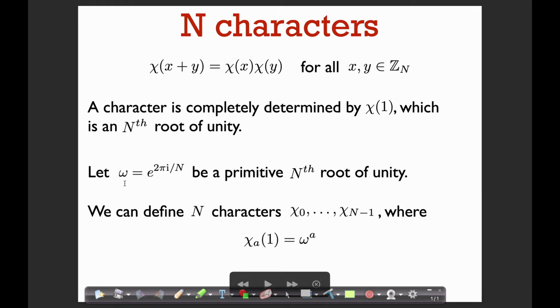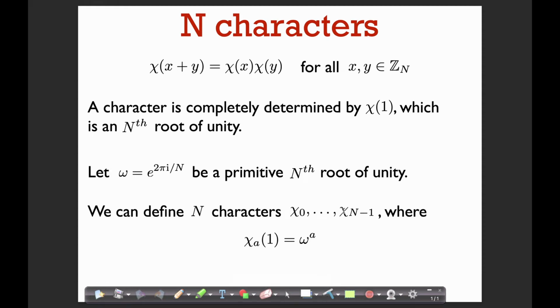Okay, so now if we let omega be e to the 2 pi i over n, so a primitive nth root of unity, we can define n different characters just by what we set chi of 1 to be. So if we define chi a of 1 to be the a-th power of this primitive nth root of unity, then we get n different characters.